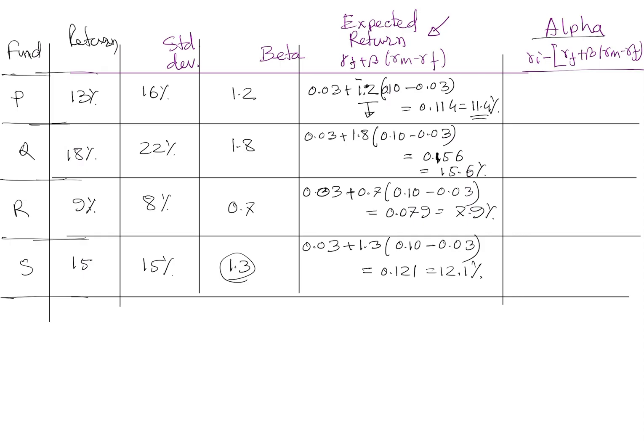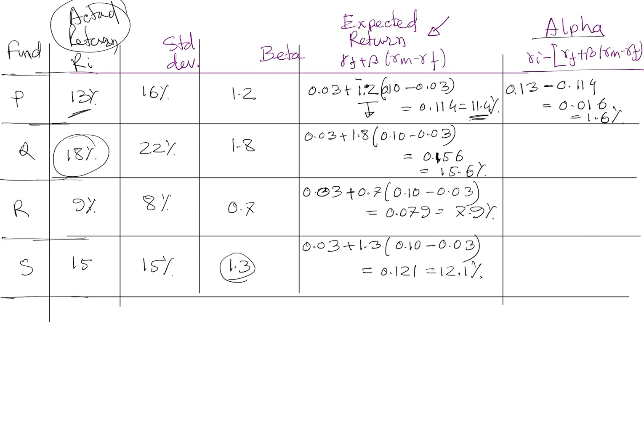Now, let's look into how they are different. What's the difference between our expected return and actual return? So this is actual return, right, which is RI. So 13% minus, or you can just do this one in percentage as well, up to you, 0.13 minus 0.114, which will give us 0.016 or 1.6%.